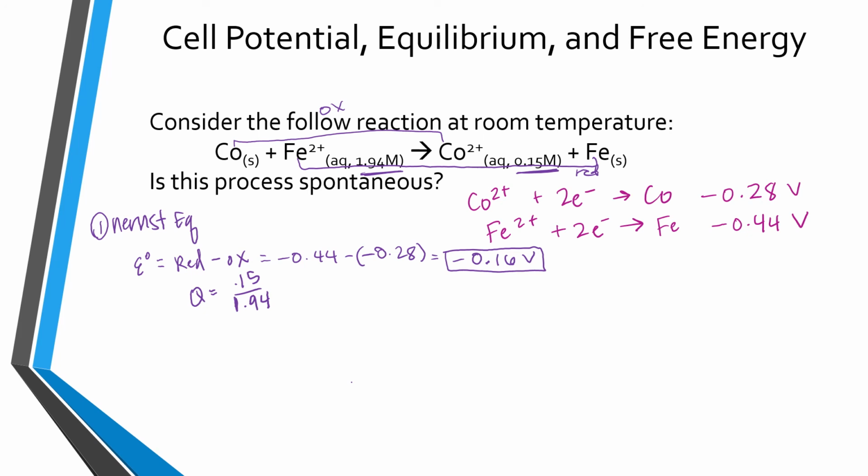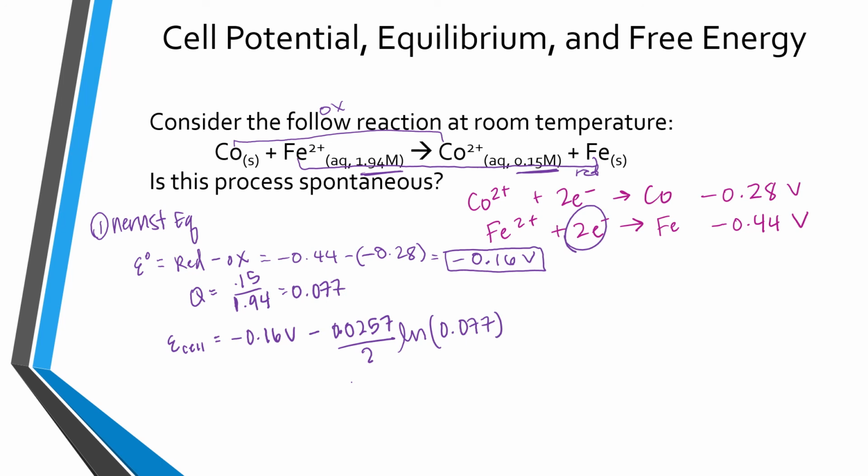gives me 0.077. So now cell potential is equal to the standard minus 0.0257 room temperature over N electron numbers, 2 times the natural log of 0.077.